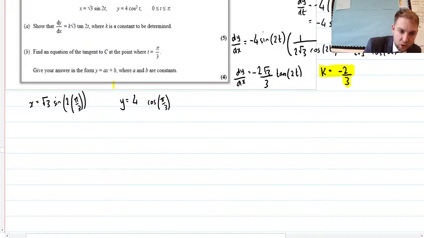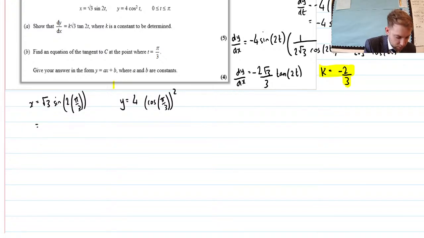Now you can't do cos squared on your calculator, so you have to do it like this, all squared. So let's work out what both of these are. So root 3 times by sine of 2 times shift pi over 3, close bracket, is equal to, x is equal to 3 over 2. It's quite nice, isn't it? So x is equal to 3 over 2.